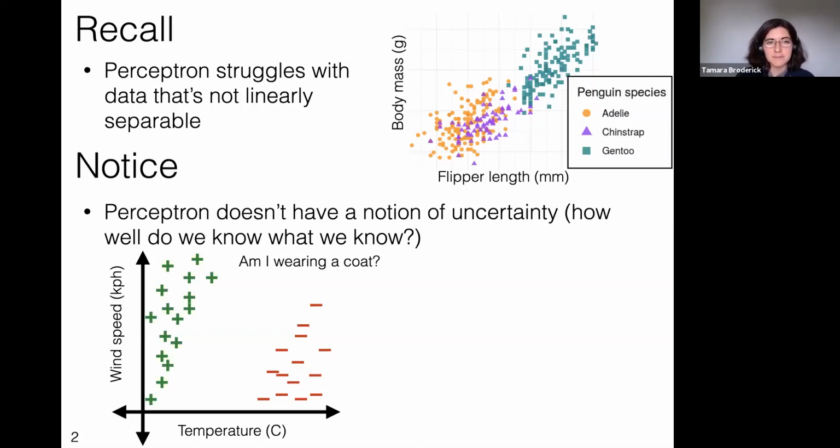So I imagine that perhaps I've collected a bunch of data on whether I've worn a coat or not in the past, and I'd like to make a nice little classifier for myself so I can decide whether to wear a coat as the fall approaches in the future. Perhaps it just so happens that I did not collect a lot of data at these really key fall temperatures, which are in between. So I might run perceptron, but an issue with the perceptron is that any classifier that separates this data is equally good in its eyes. So this seems fine, it would stop here, this is fine, but this is just as fine.